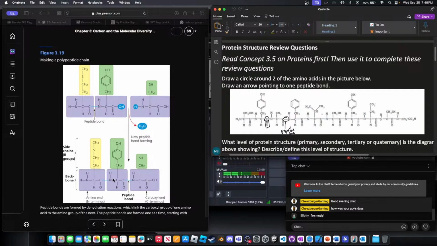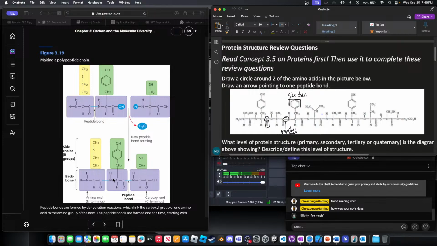And then this would be the long chain of carbons for, I think, the side chain. I think that's what it is. Don't take my word for it. Let's see.